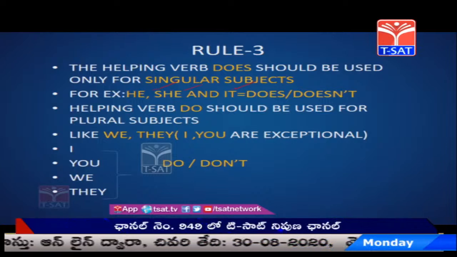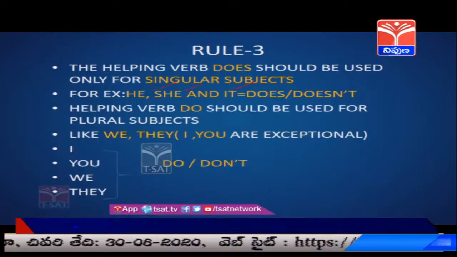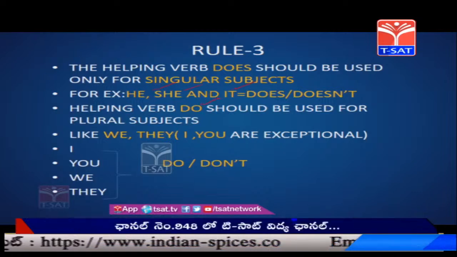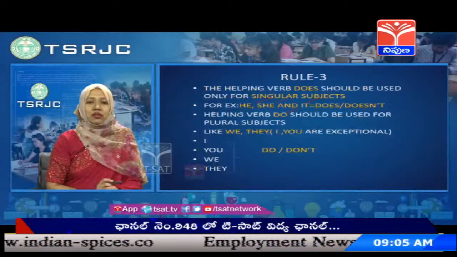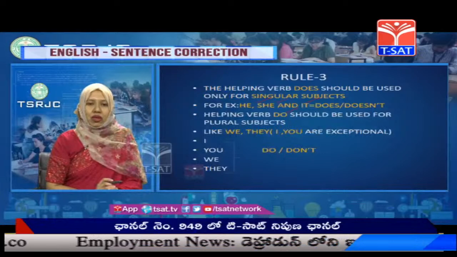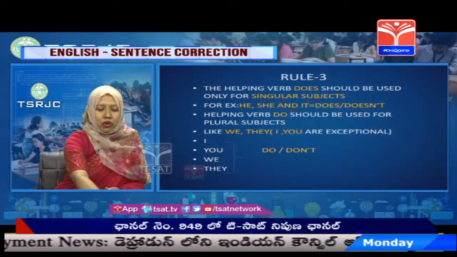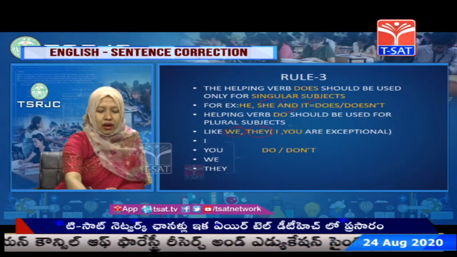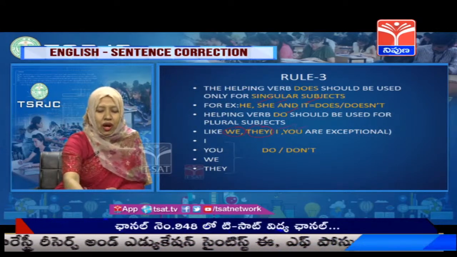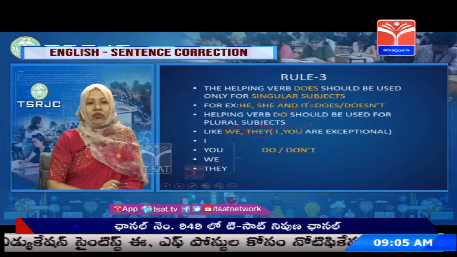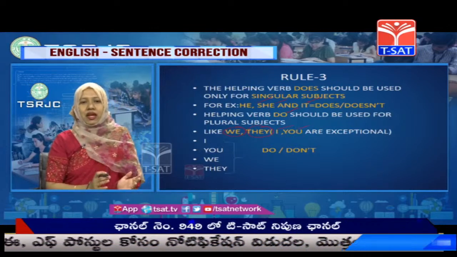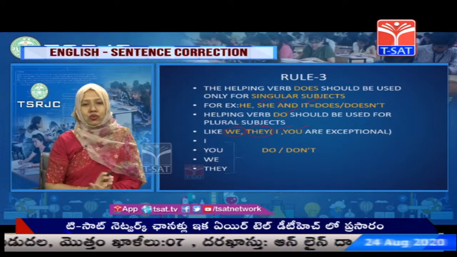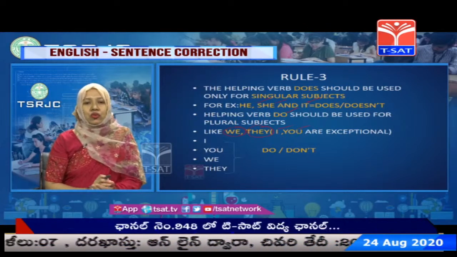The helping verb "do" should be used for plural subjects. The plural pronouns or subjects are we and they, and I and you are exceptional. Whenever we talk about a plural subject, we say we do, they do, I do, you do.